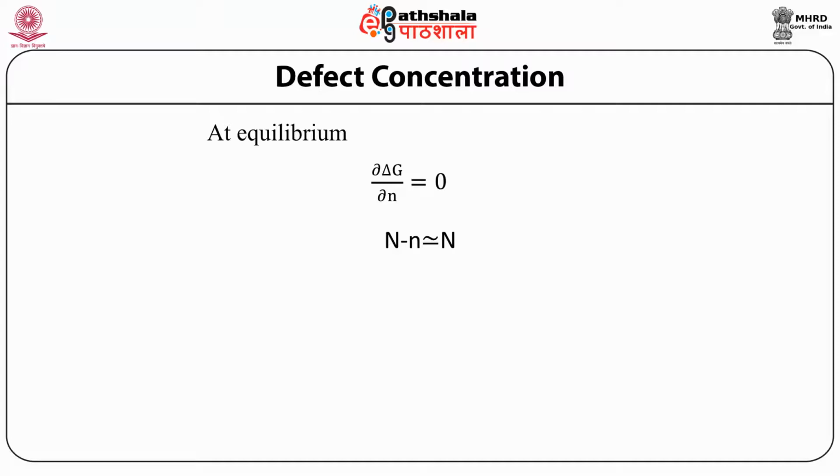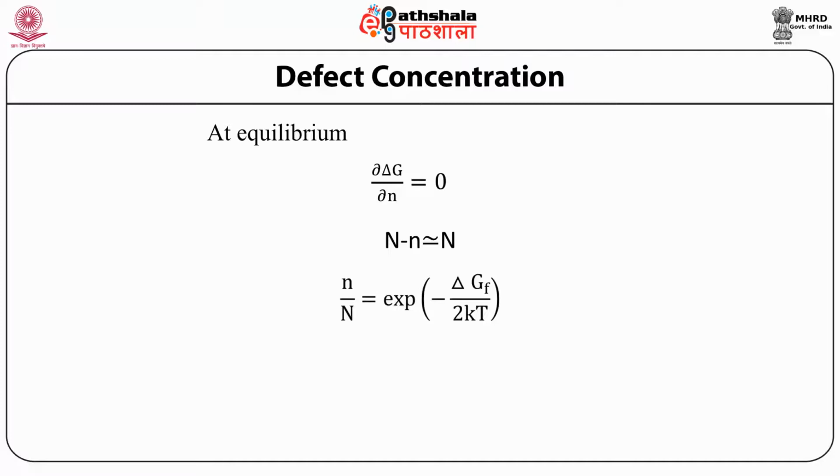This results in n by capital N is equal to exponential of minus delta Gf by 2kT. Now we assume that delta Gf is equal to delta Hf minus T delta Sv, where delta Hf is the enthalpy of Frenkel defect formation and delta Sv is the vibrational entropy change.